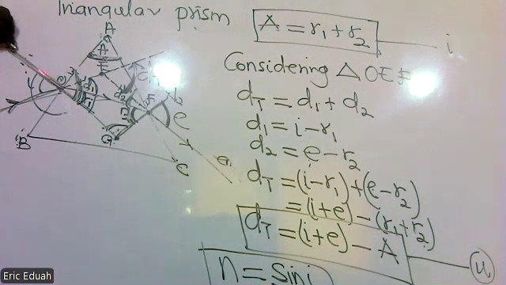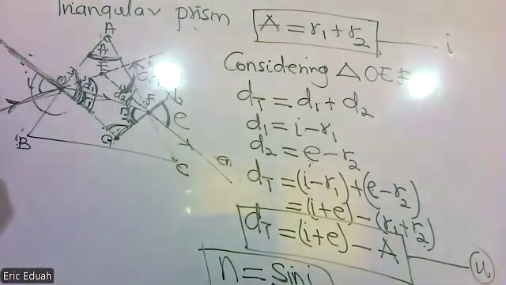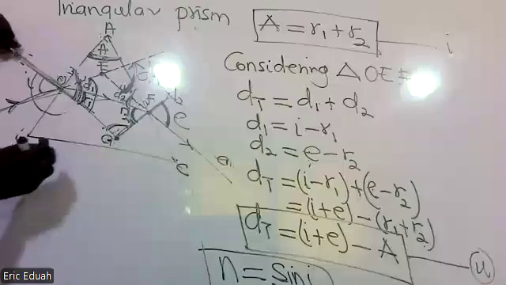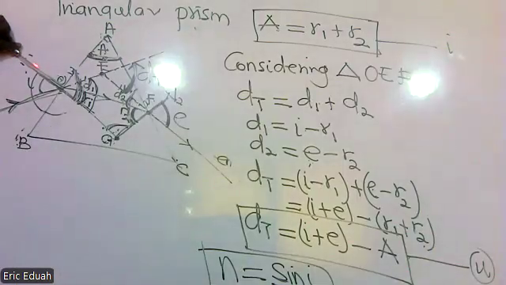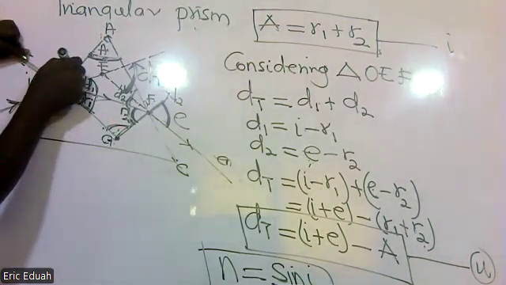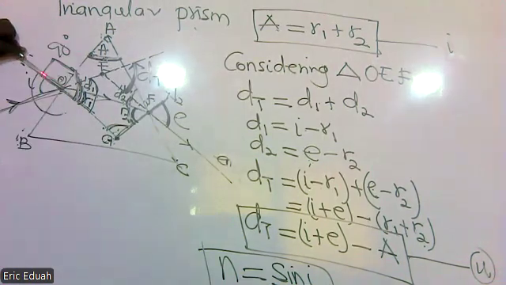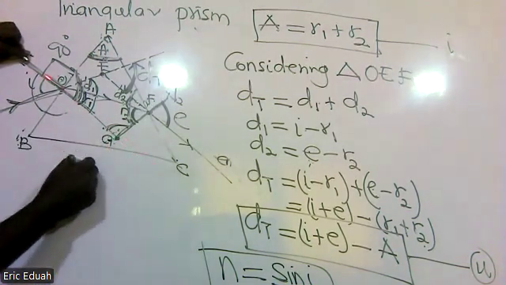So for I to be 0, the incident ray must be along the normal, or it must be perpendicular to AB, meaning that the angle between the ray and the prism must be 90 degrees. So if the angle between the ray and the prism is 90, then it means that I is equal to 0.